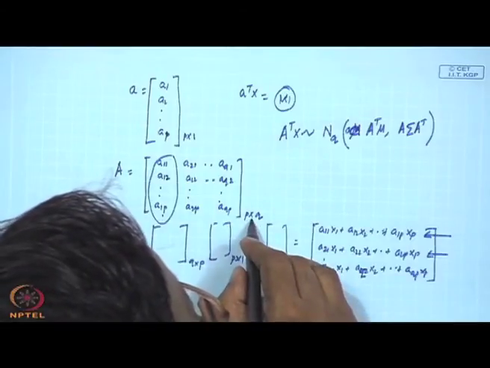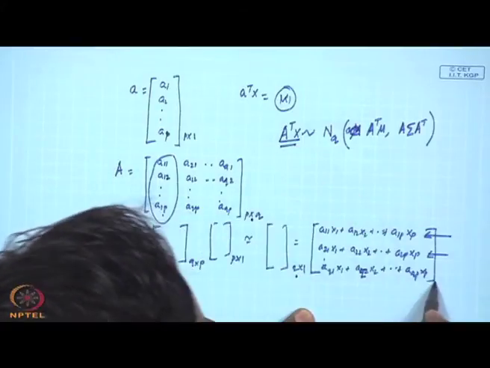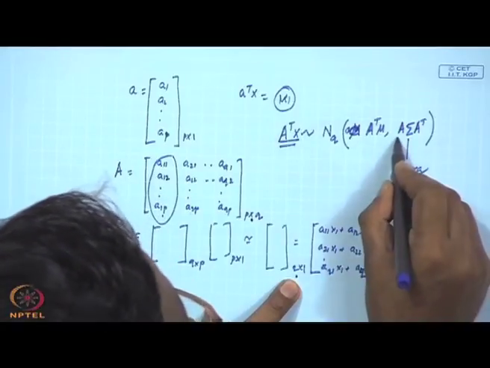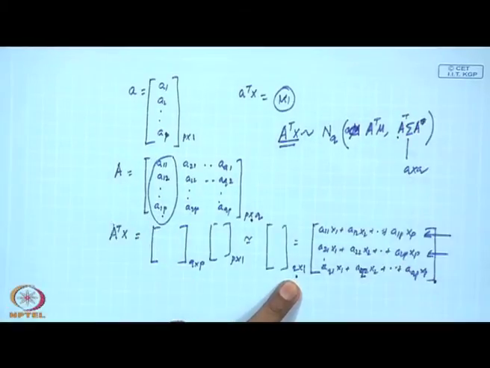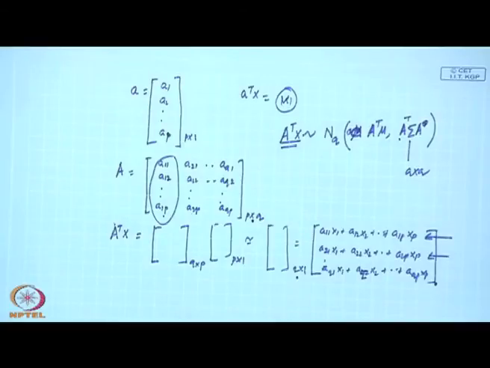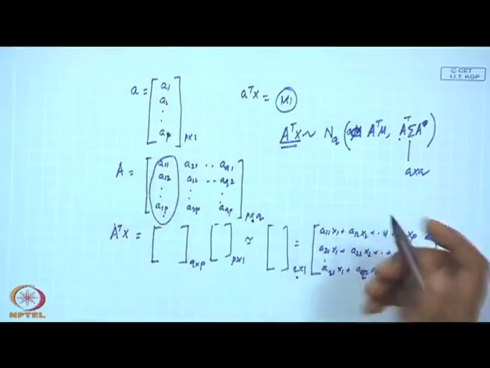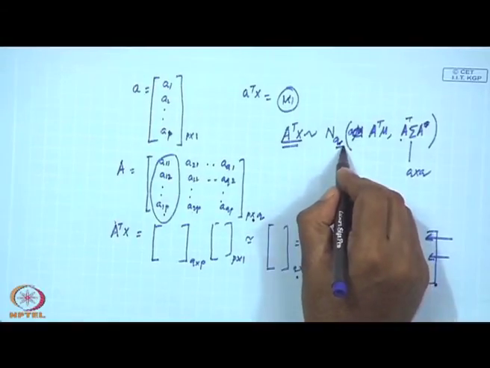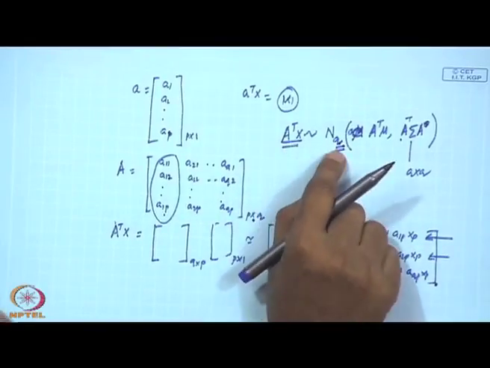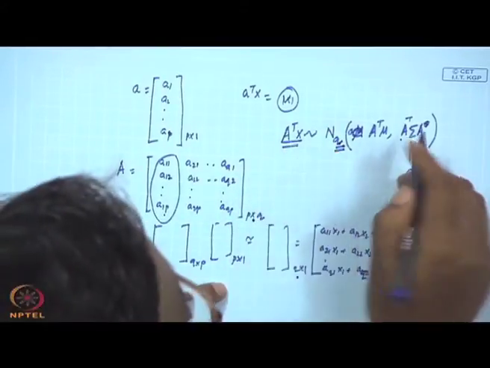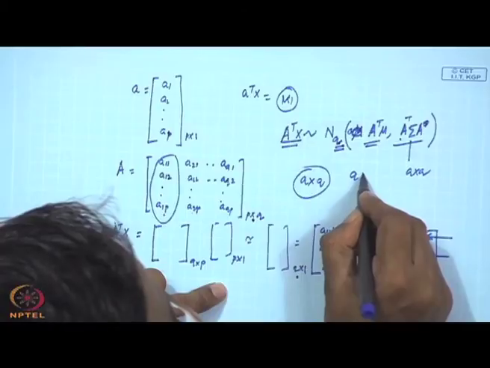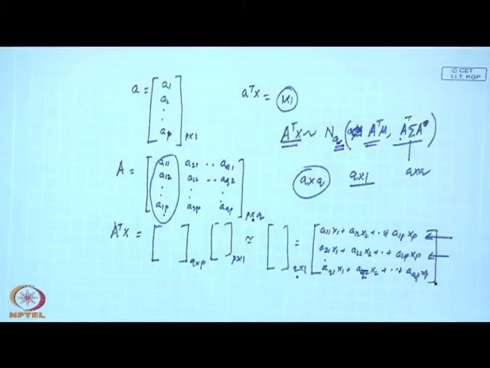A is p cross q, so this will be q cross q. In books maybe they have written it the other way around, just check that part. The ultimate aim is that A transpose X is a q variable vector, so the variance component will be of order q cross q and the mean component will be of order q cross 1, a column vector definitely.